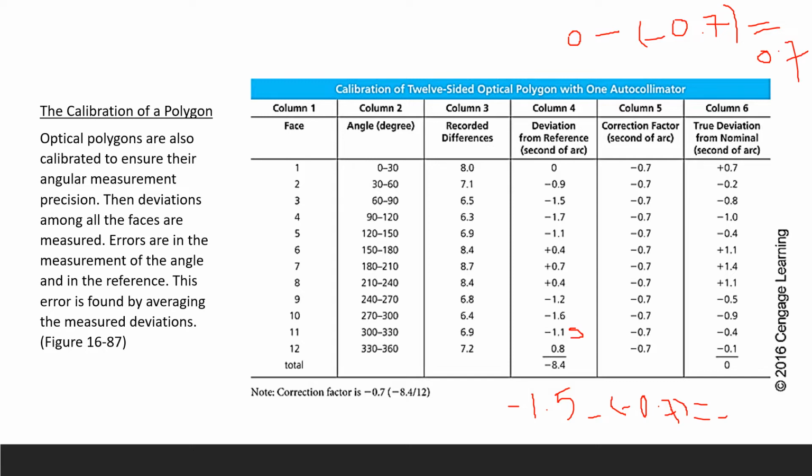This is very difficult for me to write here, but anyway, you got it. Then you get minus 0.8 right there, which is here. And so you calculate all the way down.